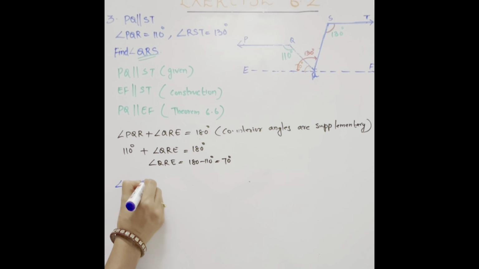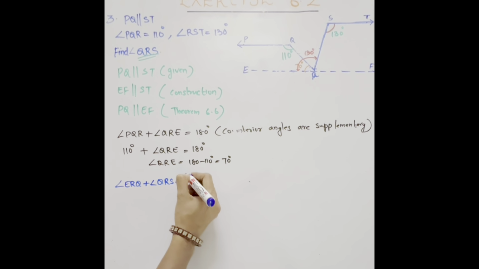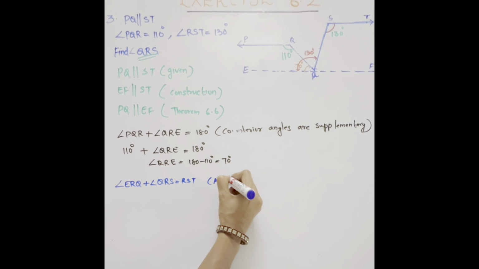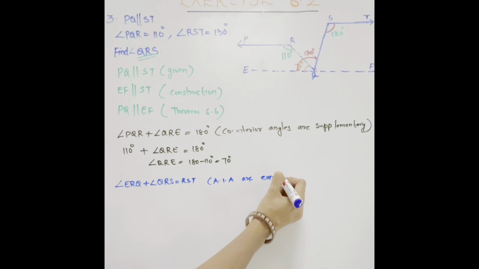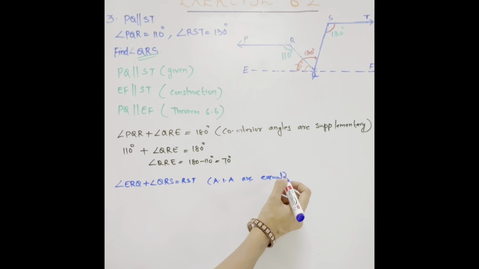Now we can write angle ERQ plus angle QRS is equal to angle RST or TSR. Why? Because alternate interior angles are equal. I wrote it as a short form. You can write it out as a full name. Full form, alternate interior angles are equal.